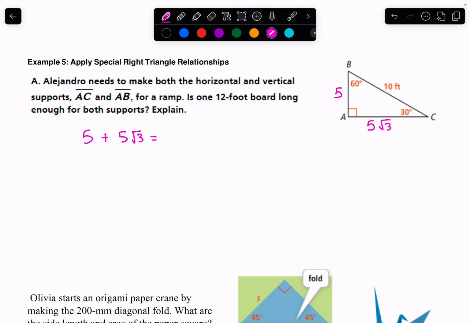There we go. So this is 5 plus 8.66. Add those together, we get 13.66. That is longer than 12 feet. So one 12-foot board is not long enough to make both those horizontal and vertical supports.